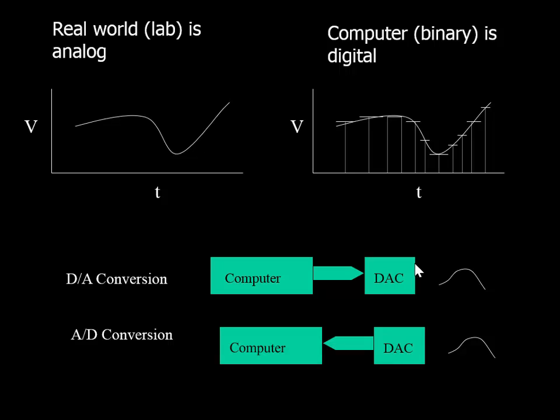But we have to convert some of our signals because, for example, in a control system, we monitor the speed of a vehicle. If it's too fast, we want to slow the motor down. If it's too slow, we want to speed the motor up. So we have to monitor the speed. If we want to monitor the temperature in a room, we monitor the temperature.